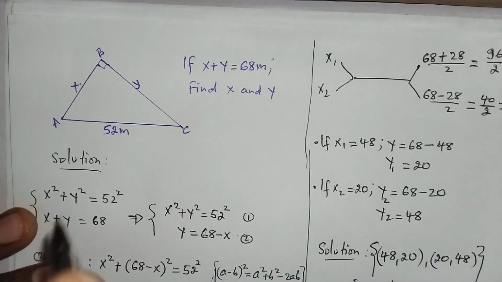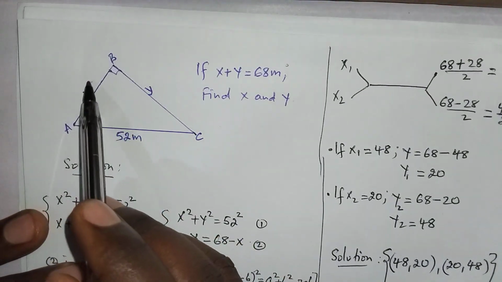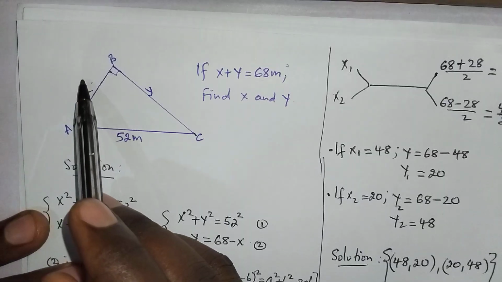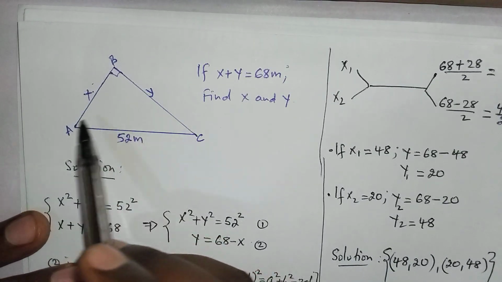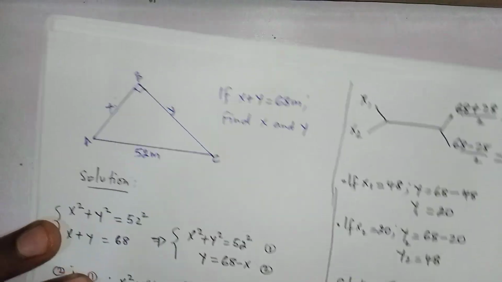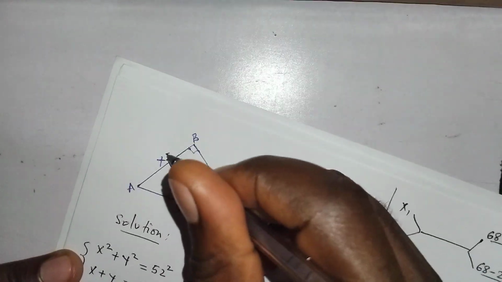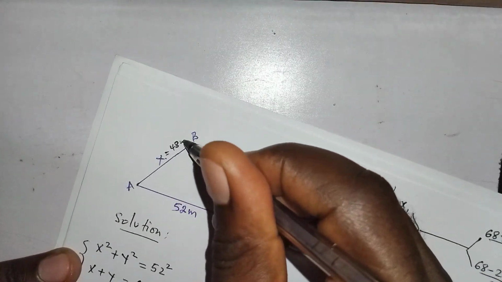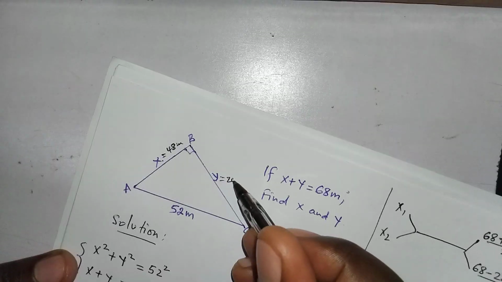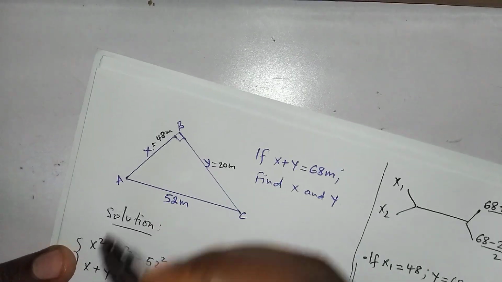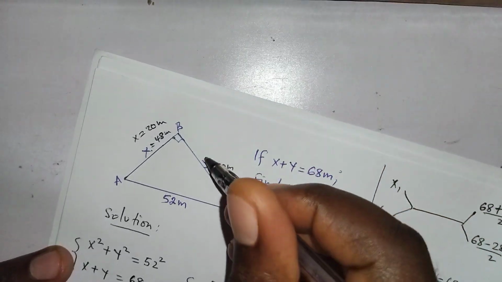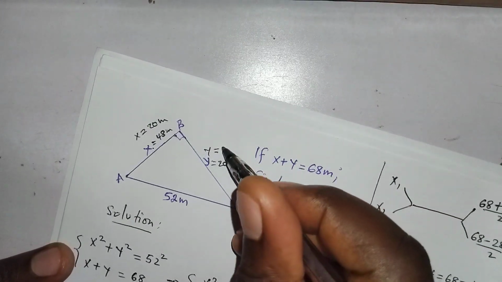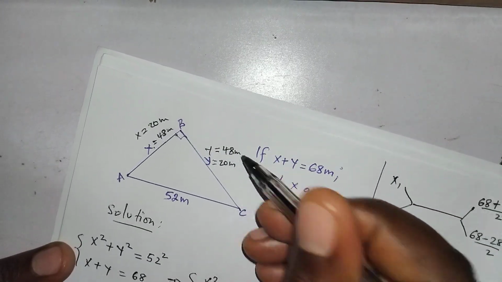So as you see on the figure, if x is 48 meters, y is equal to 20 meters. If x is equal to 20 meters, y is equal to 48 meters.